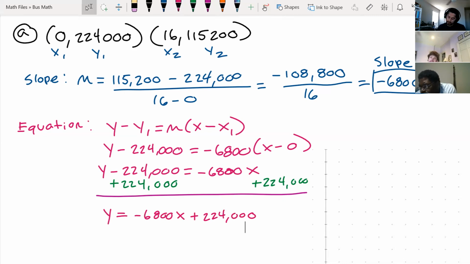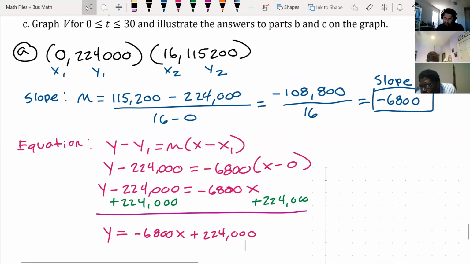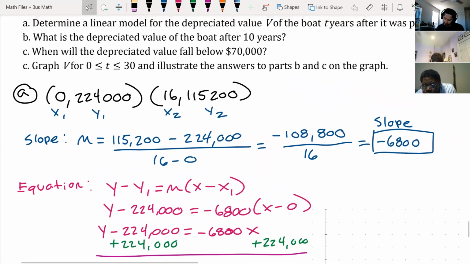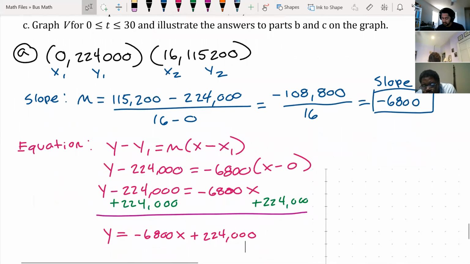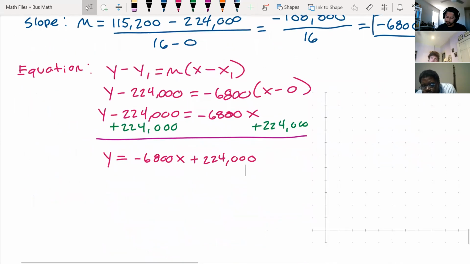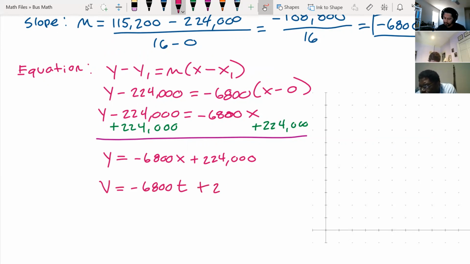And this will be our solution for A, but we have to put it in terms of actually V and T. So to put it in those terms, I'm going to just rewrite it as V equals negative 6,800T plus 224,000.